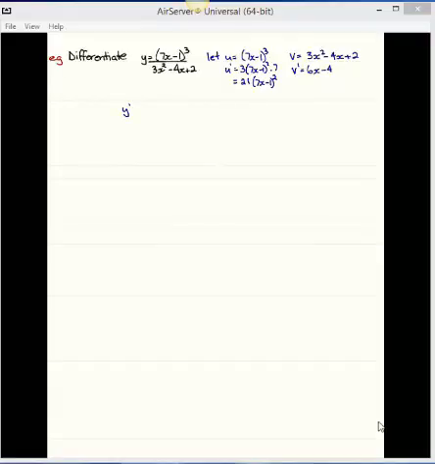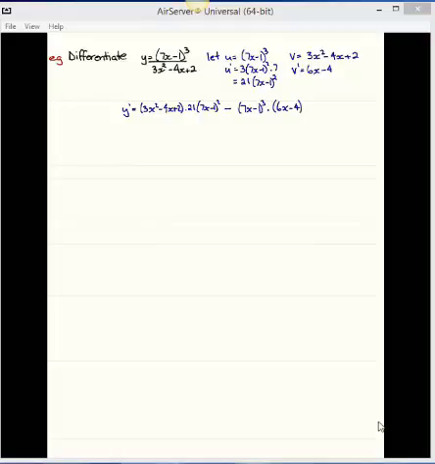So y dash equals v, 3x squared minus 4x plus 2, times u dash, so that's times 21 outside of 7x minus 1 all squared, and that's minus u, so 7x minus 1 all cubed, times v dash, so 6x minus 4.